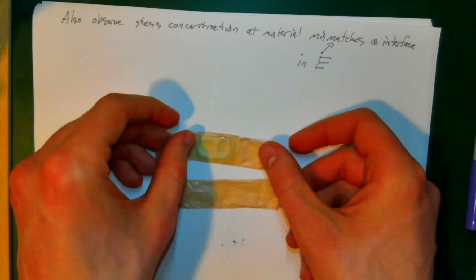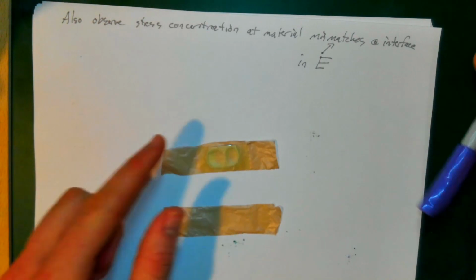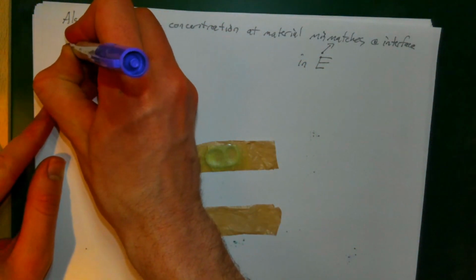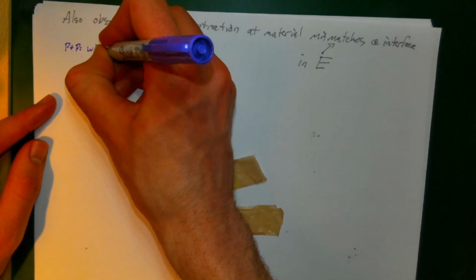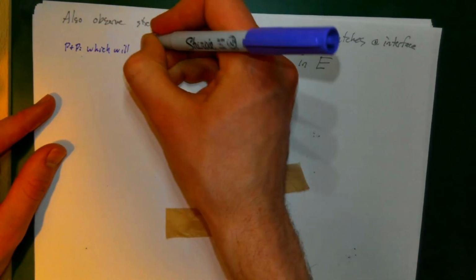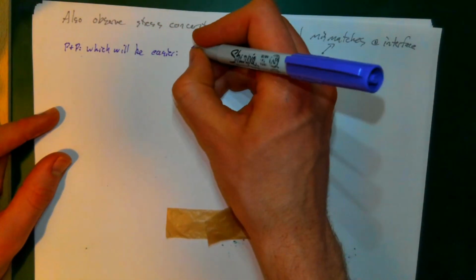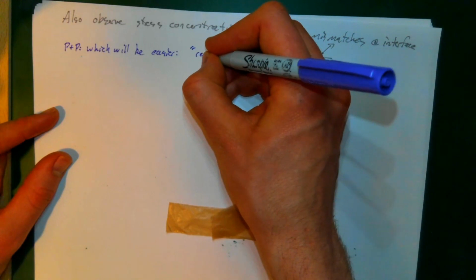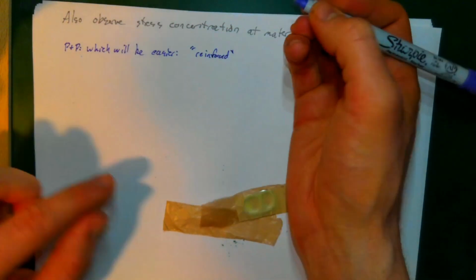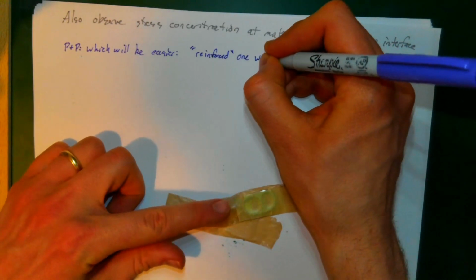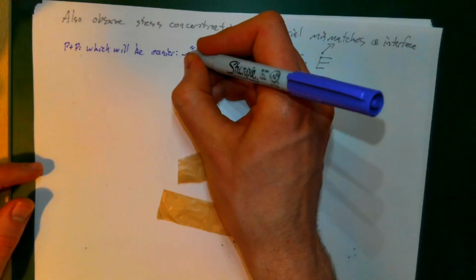So I'm going to pull this one, and I'm going to pull this other one, and I want you to pause and ponder, which one is going to be easier? So which one will be easier? The quote-unquote reinforced one, with the metal, or the plastic only?